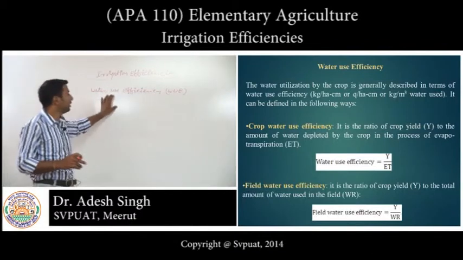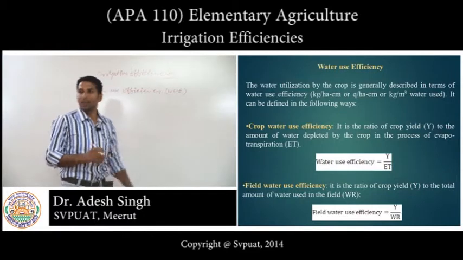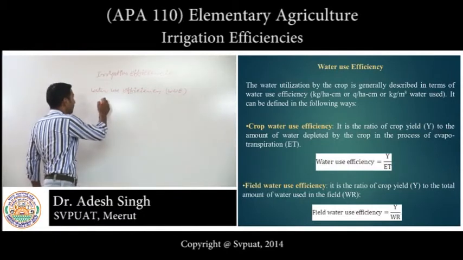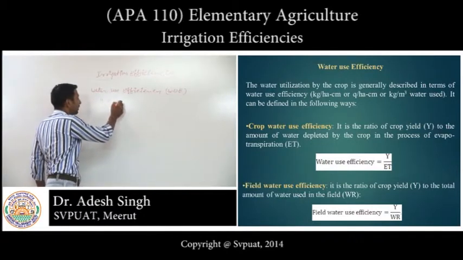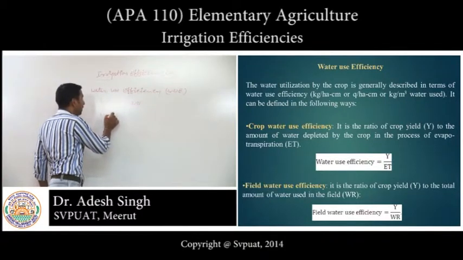And this water use efficiency is expressed in two ways. One is the crop water use efficiency and another is the field water use efficiency.